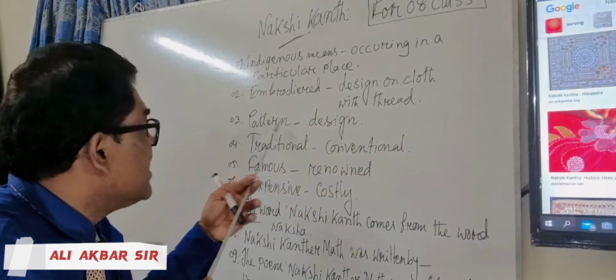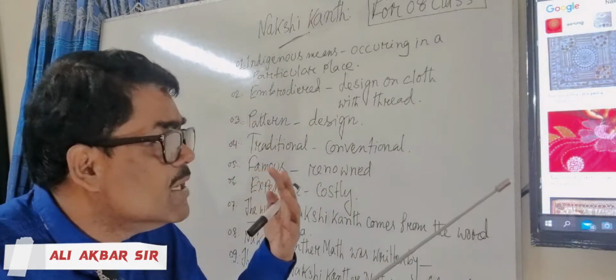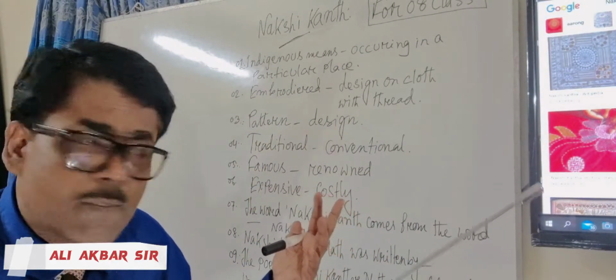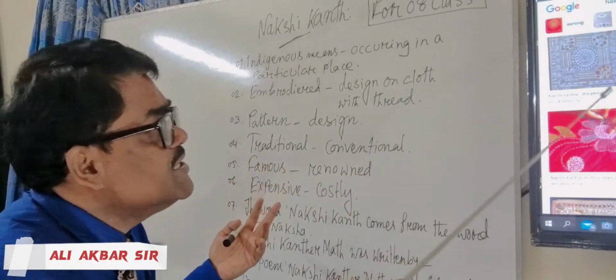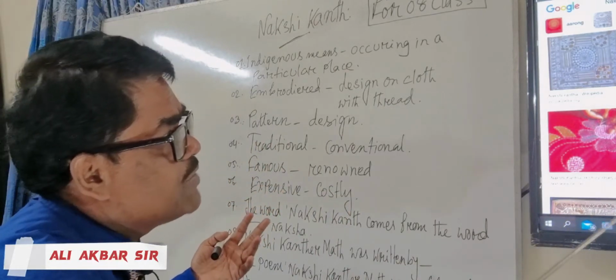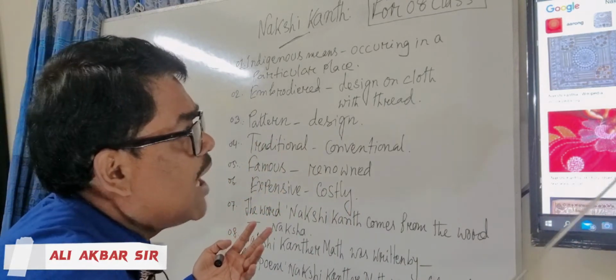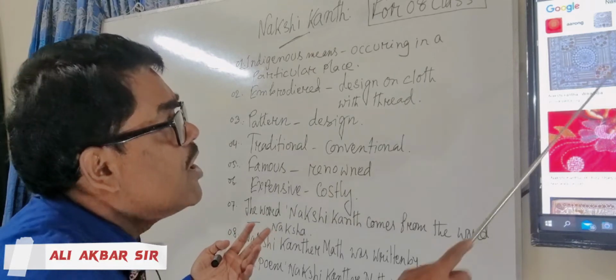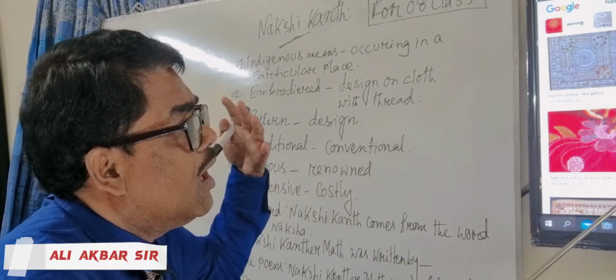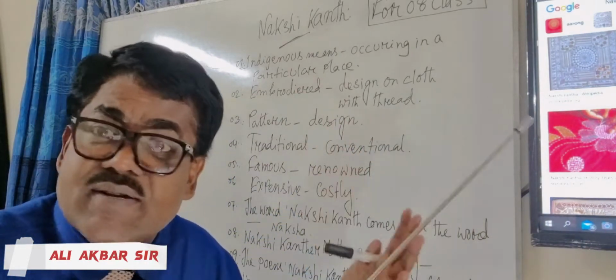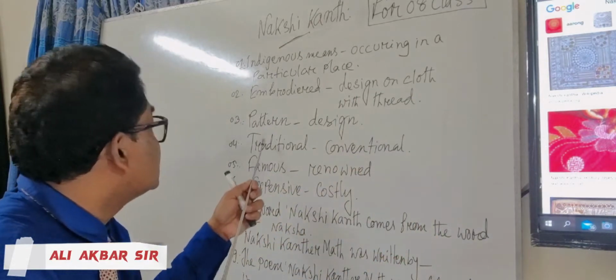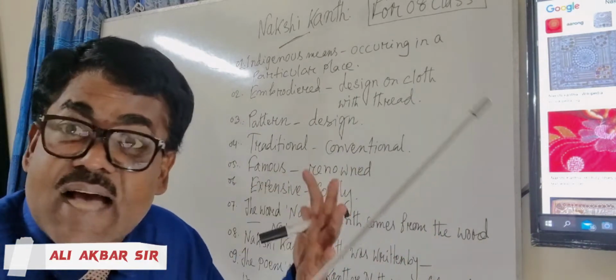Okay, students, pattern. Pattern means, yes, this is the pattern. This is one kind of pattern. Naksha, this is a pattern. All the images have some pattern. So pattern means design.